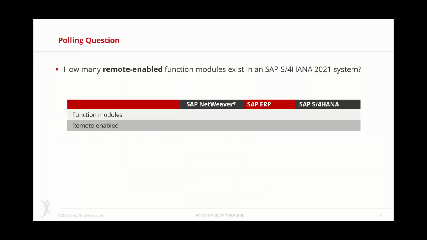When we talk about RFCs especially, I'm not sure how familiar you all are with them, but I just want to do a quick polling question for you to guess how many remote enabled function modules exist in the latest S/4HANA 2021 release.